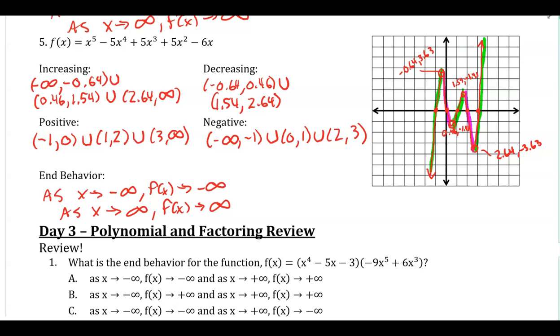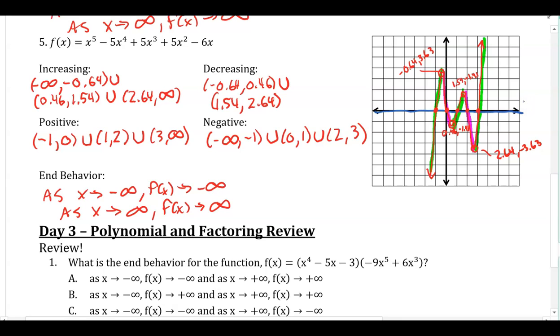And our last problem for the day, again, utilizing that calculator as a good tool to find our zeros and our local max and min, and then we can see where we are increasing, the areas in green, and we are decreasing, the portions of the graph in pink or red, and then the areas where we are positive above the y equals 0 line, x-axis, and where we are negative.